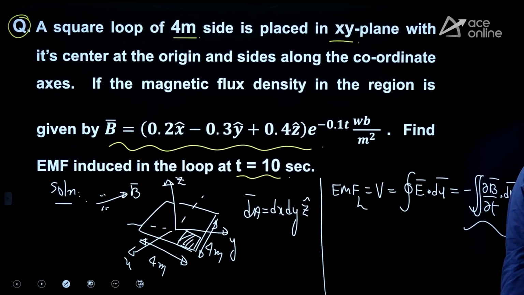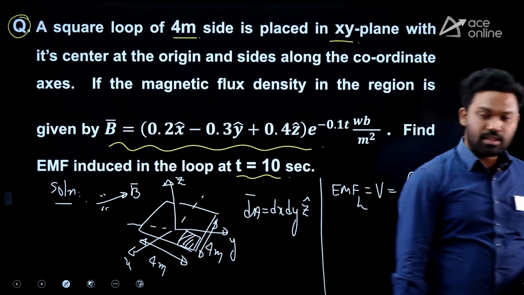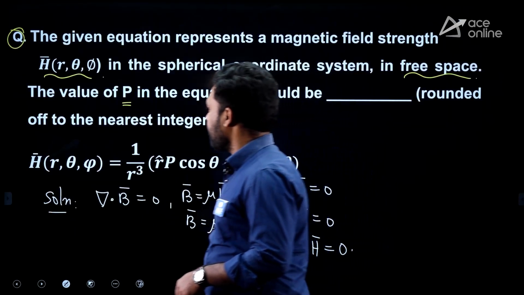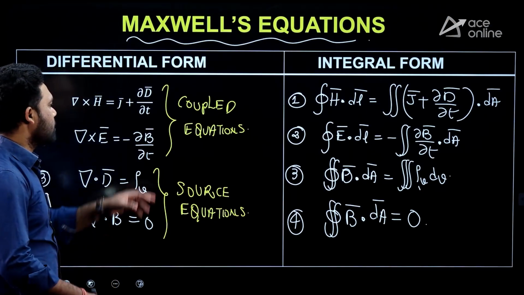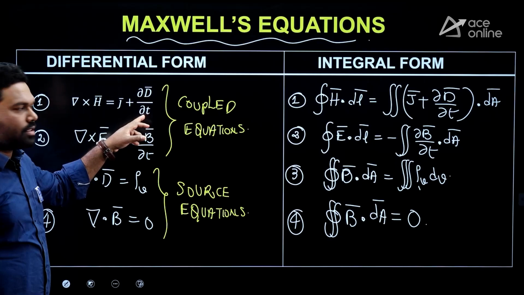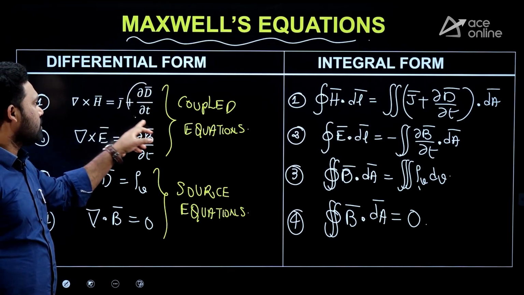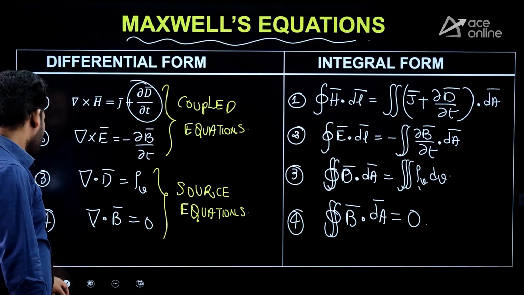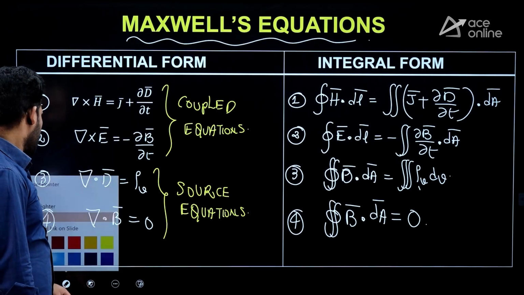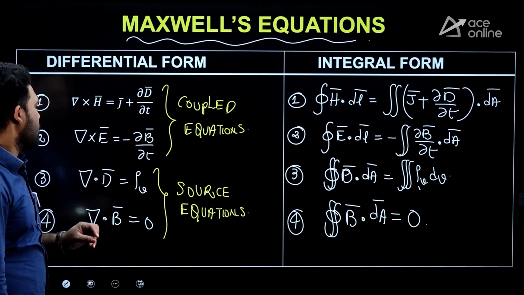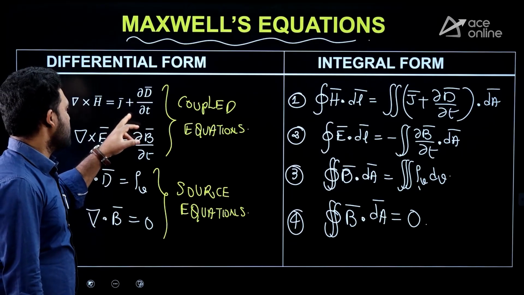Okay, guys. Maxwell's equations are, see, these are the Maxwell's equations. This was proposed by Maxwell. This displacement current concept was proposed by Maxwell. So this is Ampere's law, generalized Ampere's law.